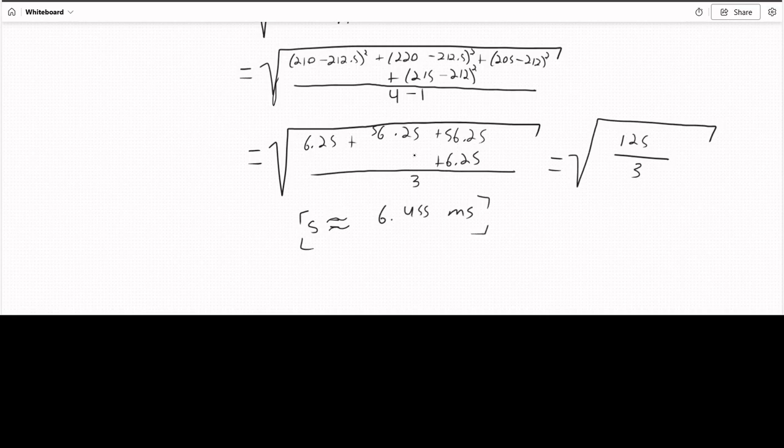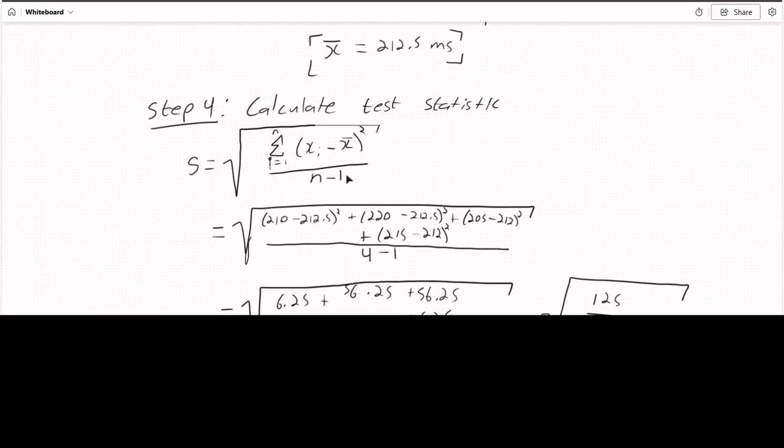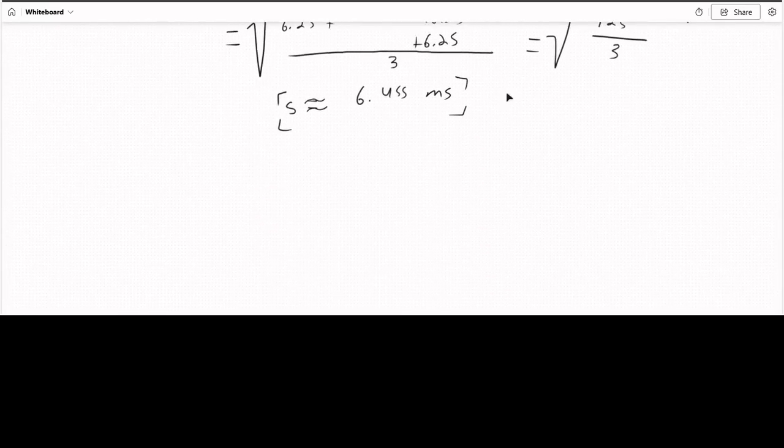Okay, so this should be the last piece, because this whole section is to calculate the test statistic. And so we use this formula. The test statistic t is equal to x bar minus mu over s divided by the square root of n. We just found the estimate s, so we have everything we need to calculate this now.